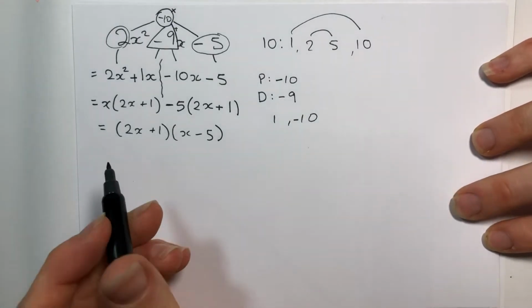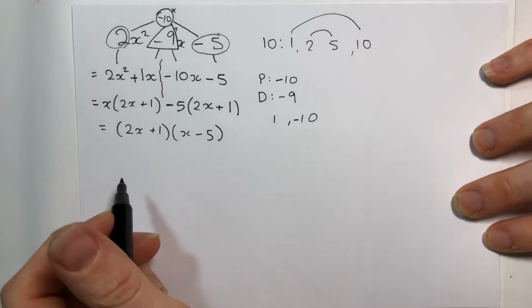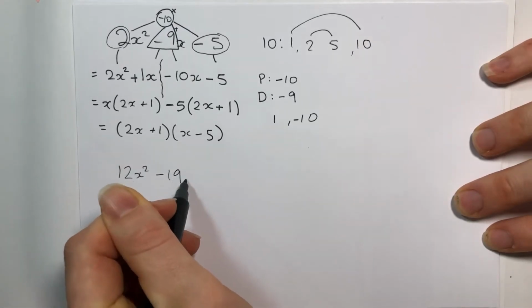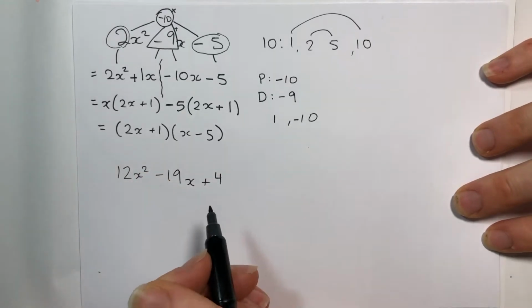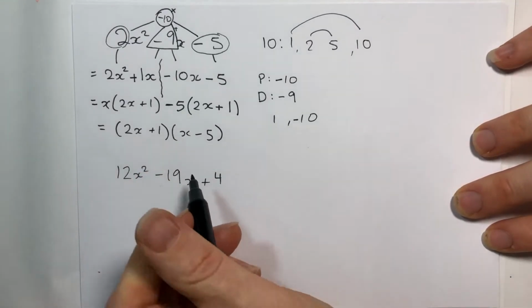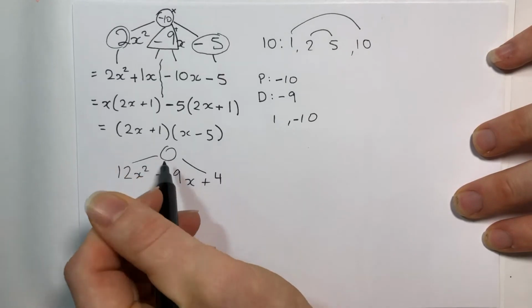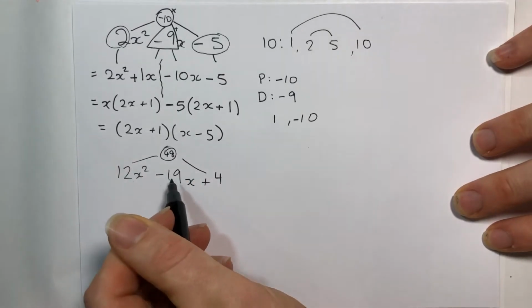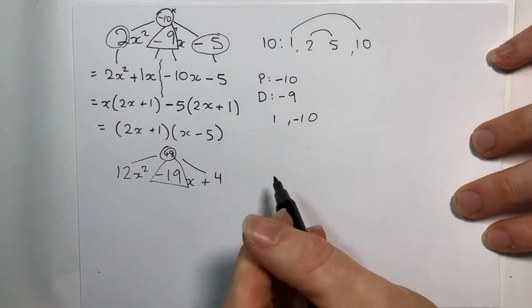Let's do another one. 12x squared minus 19x plus 4. Start off with 12 fours are 48, and 19 is what we're after here.